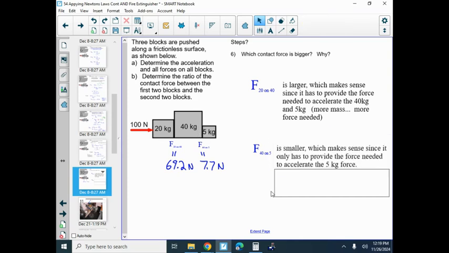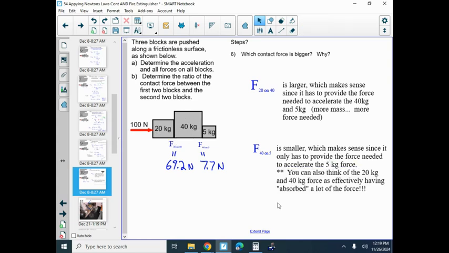There's two ways of talking about why this one's smaller. One is matching, where it's like, oh, you don't need as much force because you're not accelerating as much mass. But a different way of thinking about it that has some value is to say, okay, that applied force of 100 newtons, you can think of some of it as getting absorbed by this 60 kilograms, right?